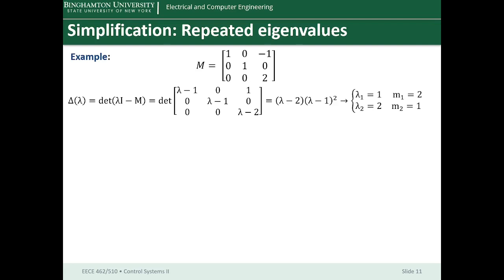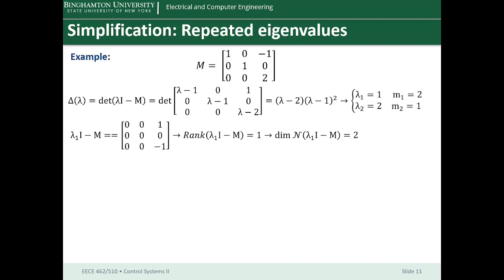One of them is lambda equals 1, which has a multiplicity of 2, and the other is lambda equals 2, which has a multiplicity of 1. Let's start by exploring the null space associated with lambda equals 1, the repeated eigenvalue. To do that, we look at the matrix lambda times I minus M when lambda equals 1, and we compute its rank. When we check that, we find that the rank of this matrix is 1.